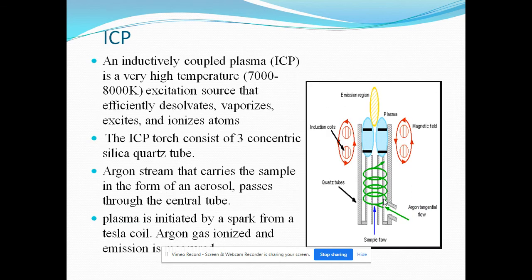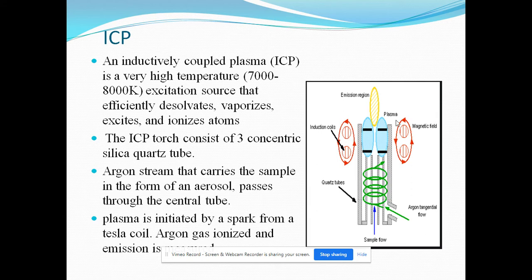ICP, inductively coupled plasma. It has a very high temperature, 7,000 to 8,000 Kelvin. These excitation sources efficiently dissolve, vaporize and excite the ionized atom. Here we can see the ICP torch. The ICP torch consists of three concentric tubes through which argon gas flows.